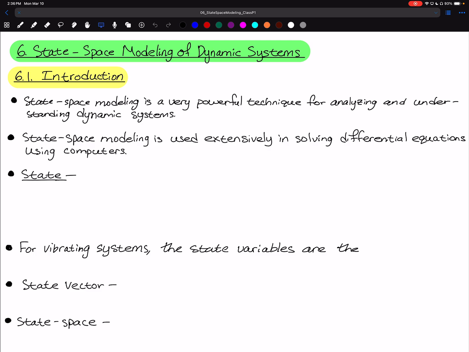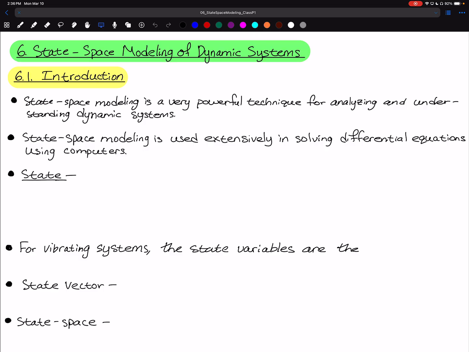Okay, so state space modeling is a very powerful technique in general for analyzing and understanding dynamic systems. This is very frequently used in solving differential equations in computers. If you ever take a numerical differential equations class, you'll learn about Runge-Kutta methods. Those methods are all designed for first order differential equations, and that's what we end up using.